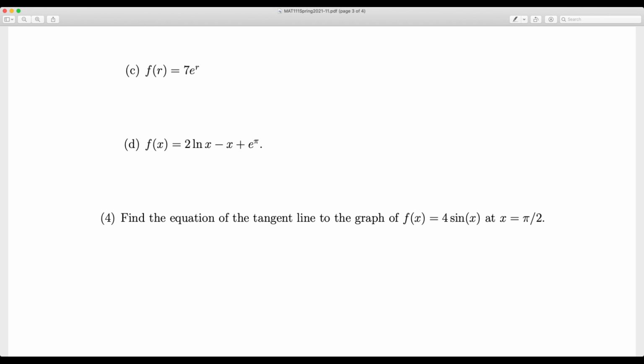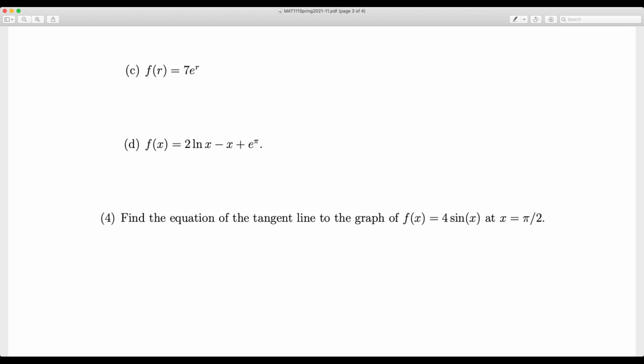So what's the final answer to D? It'd be 2 over x minus 1. That's it. Okay? And the reason that there's not a third term there is because pi and e are constants. So the derivative of a constant is goose egg, right? Okay.